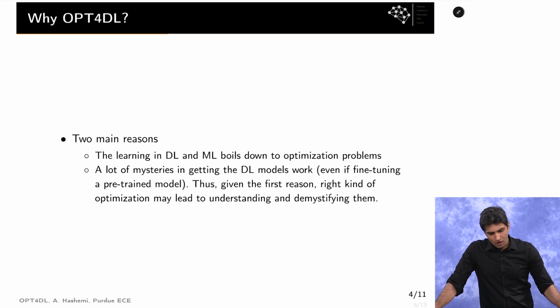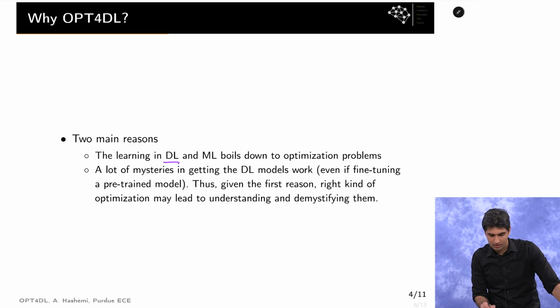Now, why optimization for deep learning? I would say there are at least two main reasons. The first reason was somehow reflected by the definition we saw in the previous slide. The first reason is that the learning in deep learning and machine learning boils down to optimization problems.